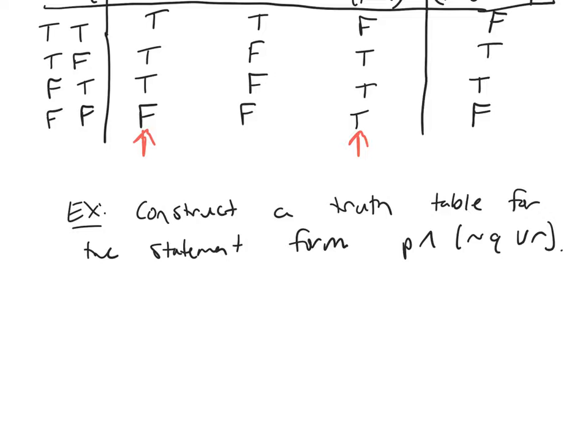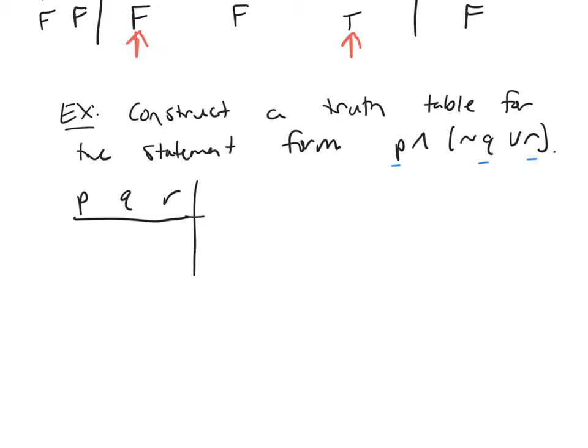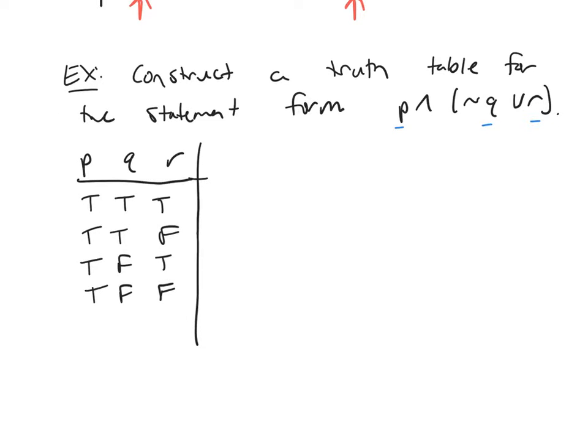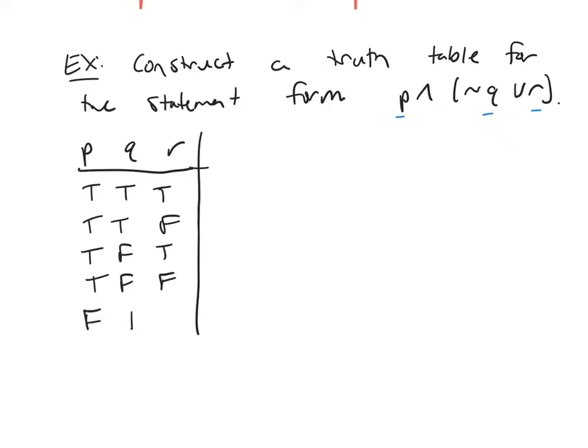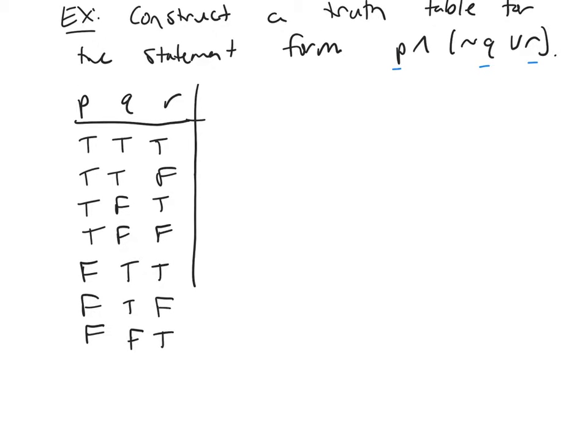Well, I see a P, a Q, and an R. So there are 3, which means my truth table has 8 rows. True, true, true, true, false, false, and so on. And then you repeat those 4, but change P to be false.